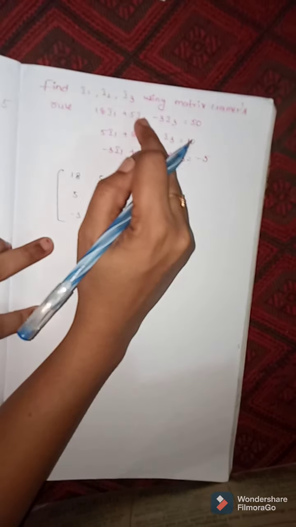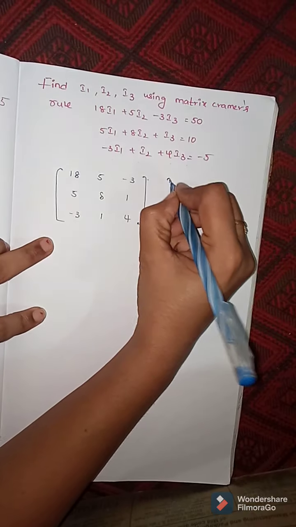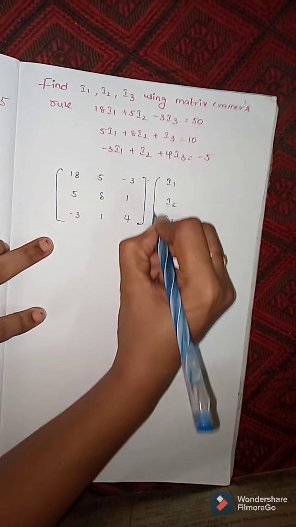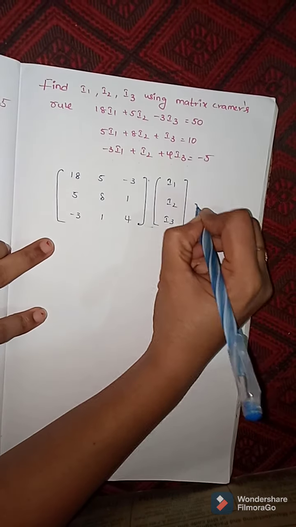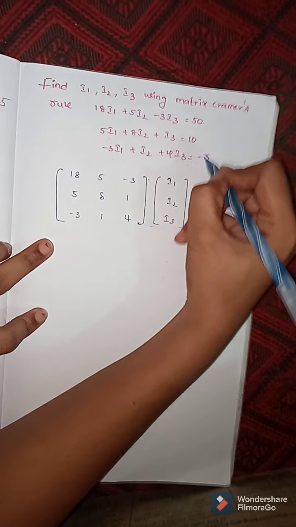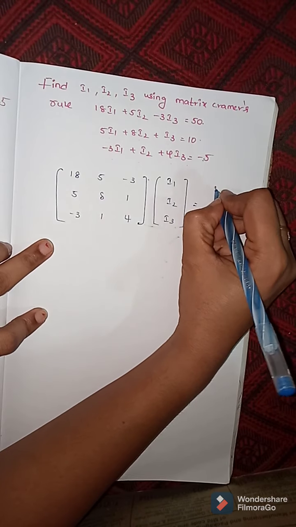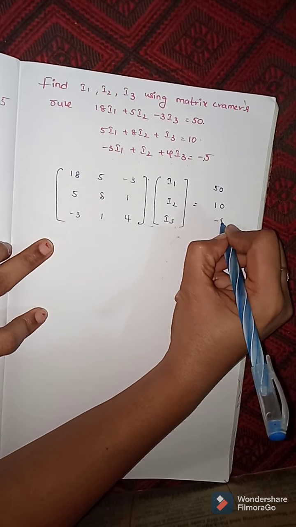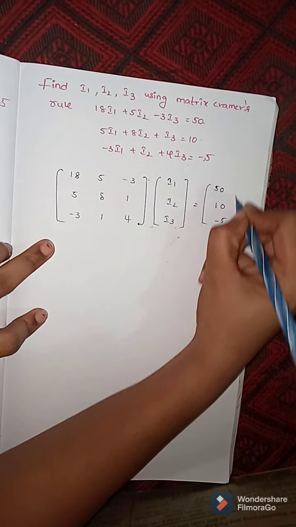Find I1, I2, I3, which is equal to some constants. Here 50, 10, minus 5 are the constants. I can write here 50, 10, minus 5.